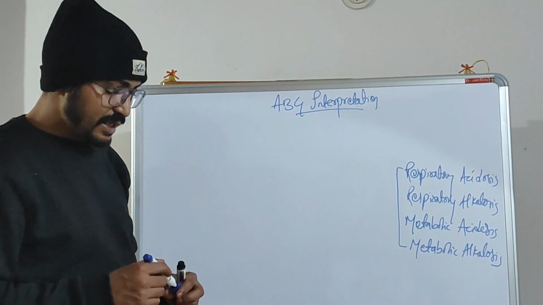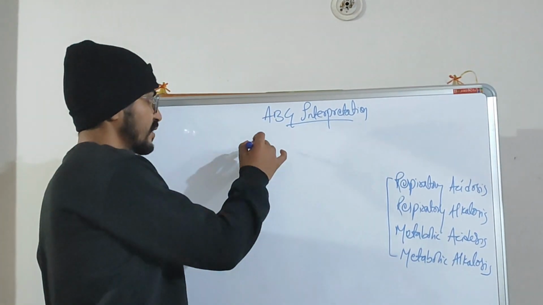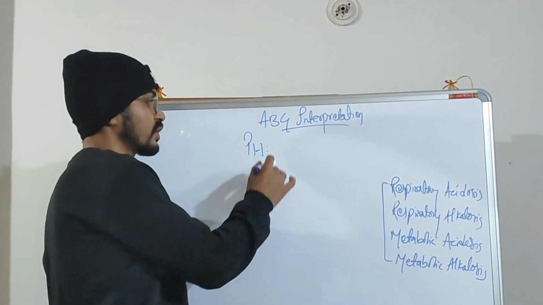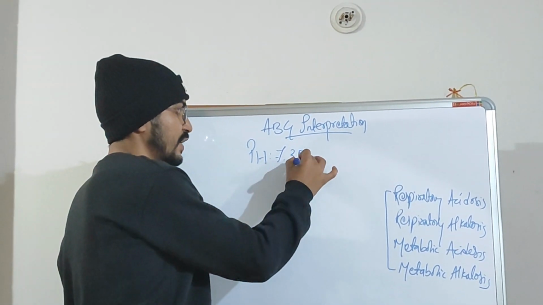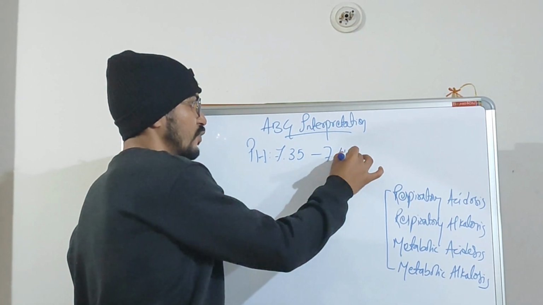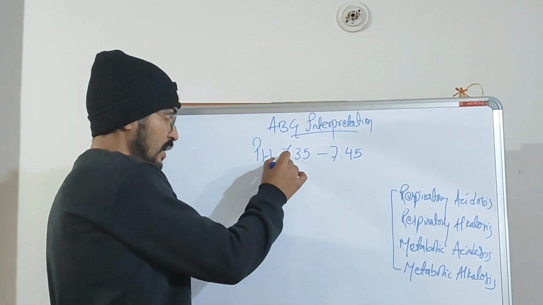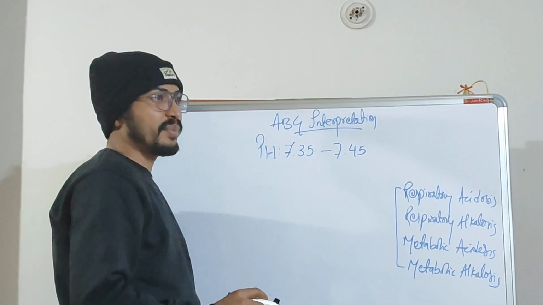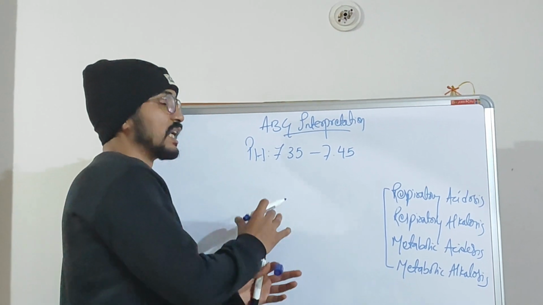To interpret an ABG, the first thing you need to look at is your blood pH. The normal range of blood pH is from 7.35 to 7.45. Some changes inside our body may alter the pH.